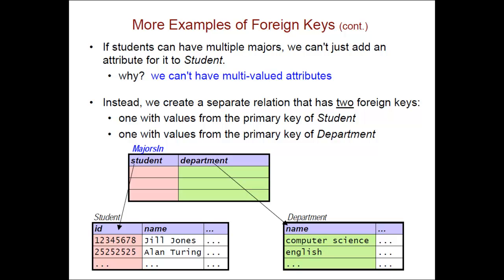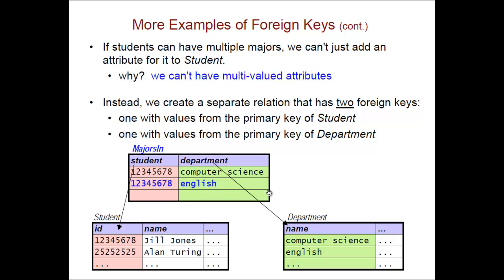So for example, if I put this row into majors in, what I'm saying is that Jill Jones is majoring in computer science. If she's also majoring in English, we can just put her in here a second time. So her student ID appears a second time, but this time it's in conjunction with English.